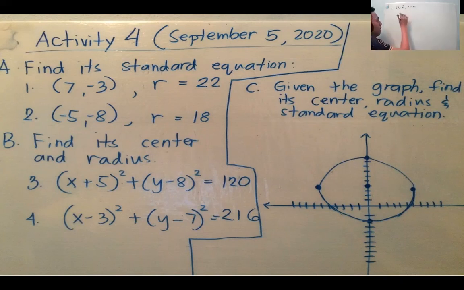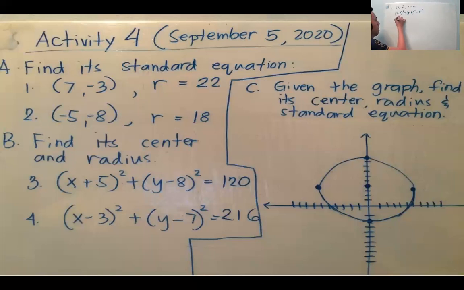Ang standard equation natin is x minus h squared plus y minus k squared equals r squared. Tama, di ba? So we will just put those numbers inside here in our equation.